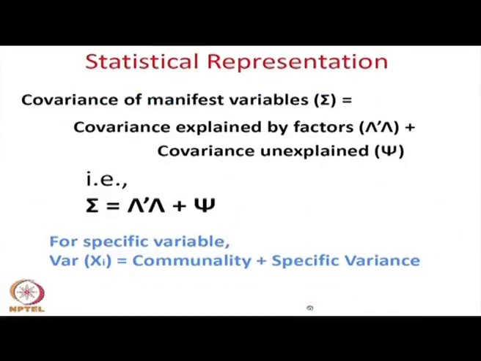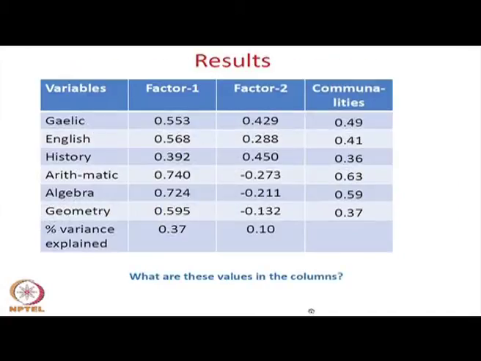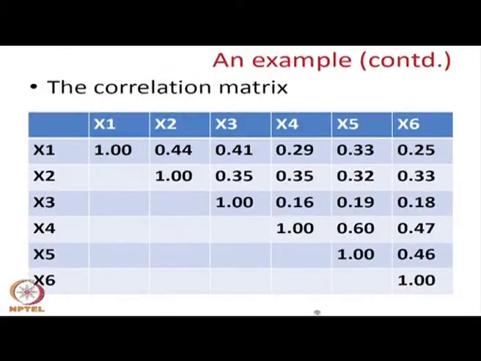Here I want to tell you one example taken from the Johnson and Wichern book. Last class we discussed that 0.44, 0.35, 0.41, 0.35 are the correlation coefficient values, which are more than 0.3.